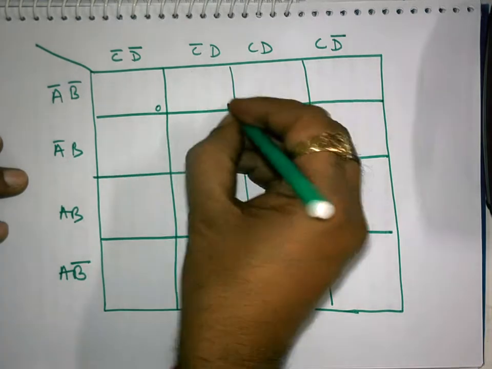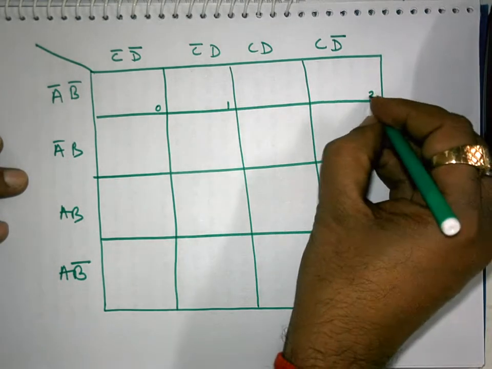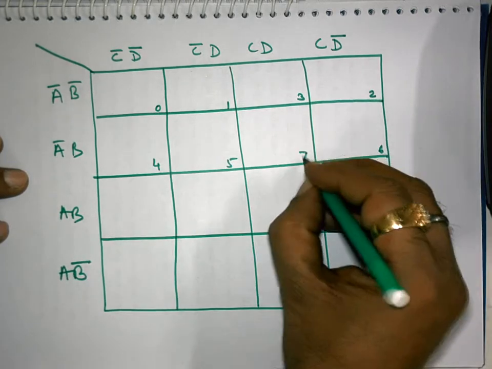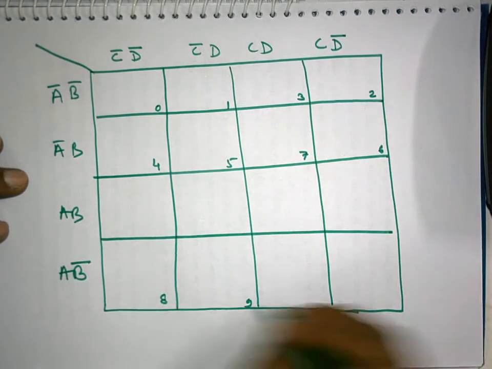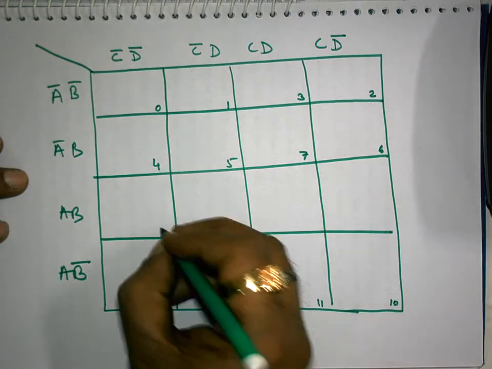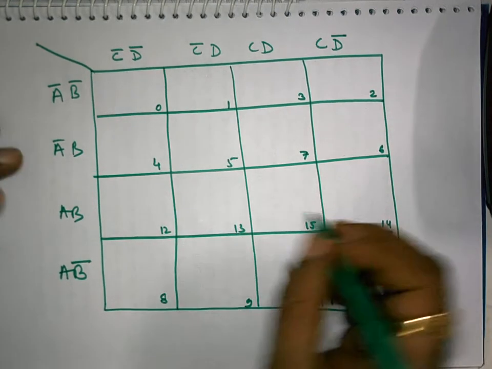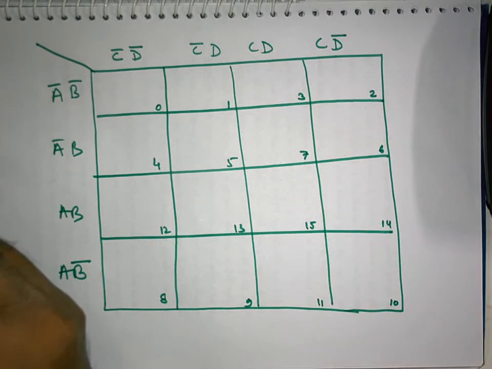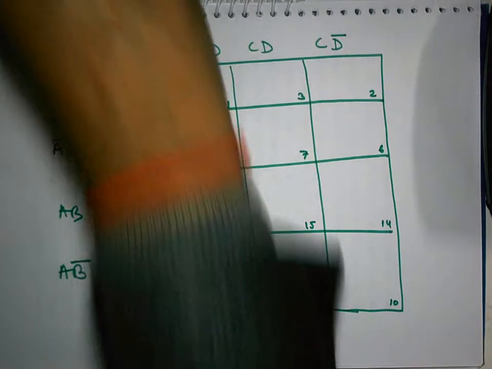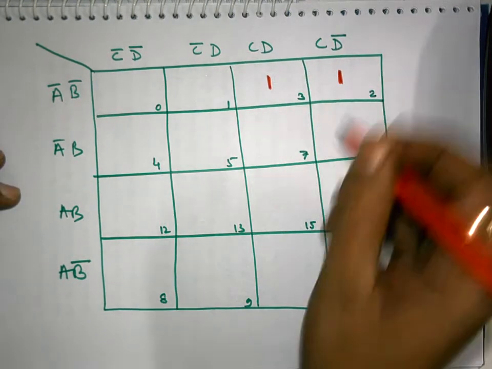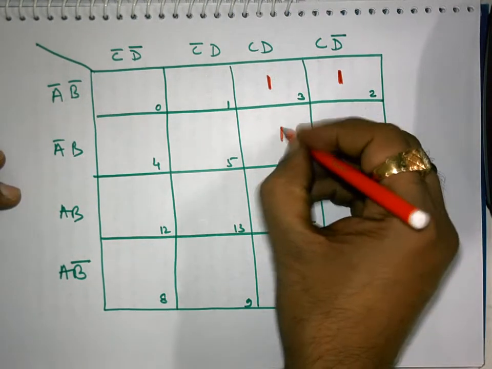The cell numbers are 0, 1, 2, 3, 4, 5, 6, 7, 8, 9, 10, 11, 12, 13, 14, and 15. And from the truth table, I observed and placed all the ones which are occurring at the output, and ones are occurring like this.